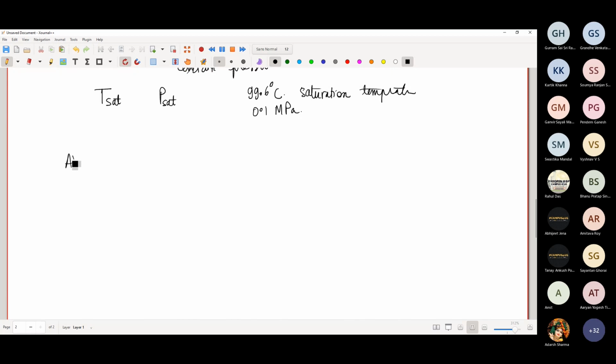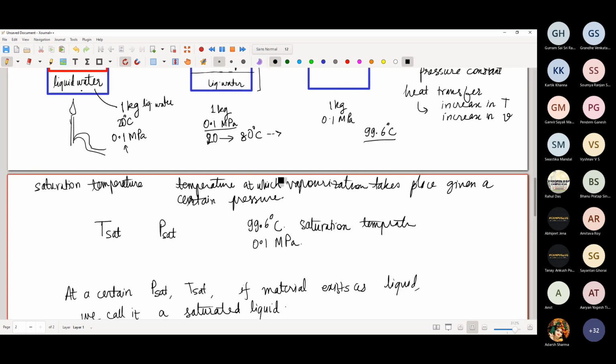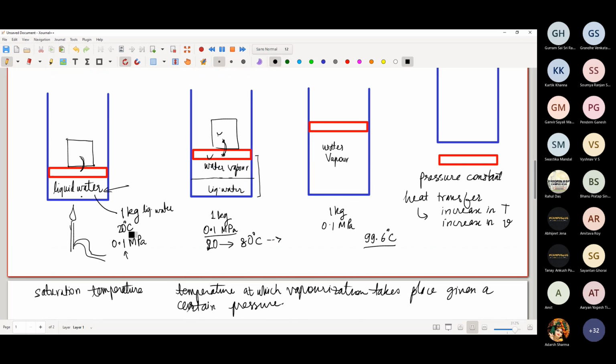So at a certain P saturation and T saturation, if the material exists as liquid, we call it a saturated liquid. So saturated liquid would correspond to this point at 0 degrees Celsius.